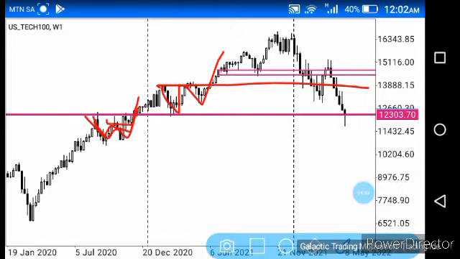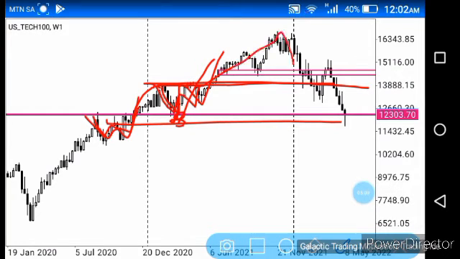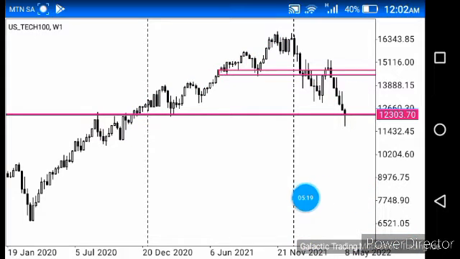This one had a neckline there, price went up, came back to retest the neckline, and then went up again. This one as well, the W formed, price went up, came back to retest the W formation, almost went up, but it ended up breaking that structure, right?